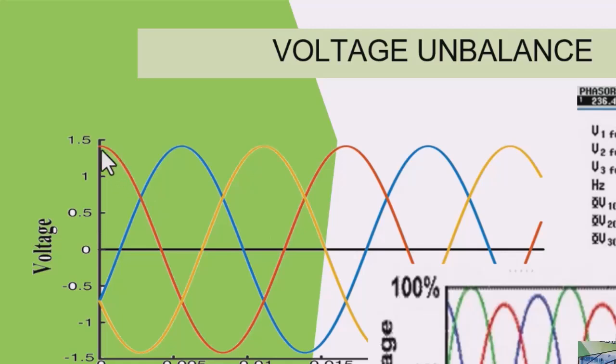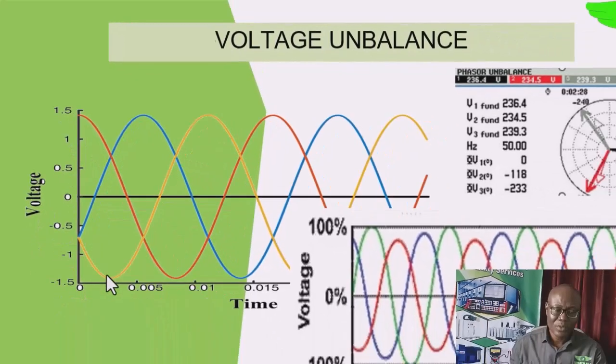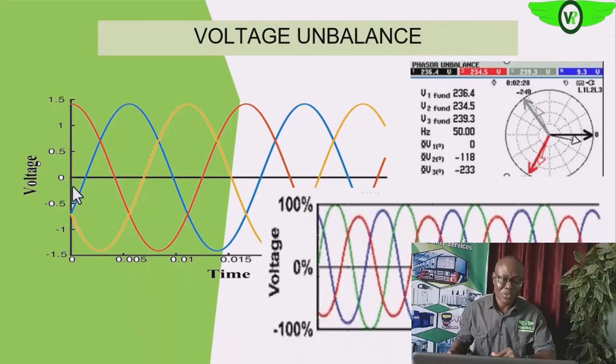As you can see here, the red phase, the blue phase, and the yellow phase must be at the same magnitude. Are we getting it? Then the phase difference also, okay, must be 120 degrees apart. So that is what is supposed to be maintained for our voltage to be balanced.